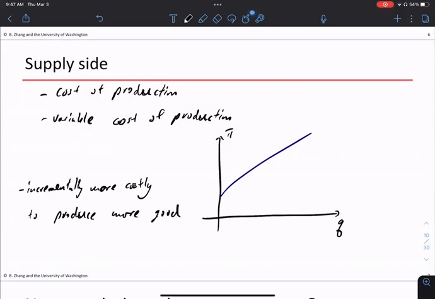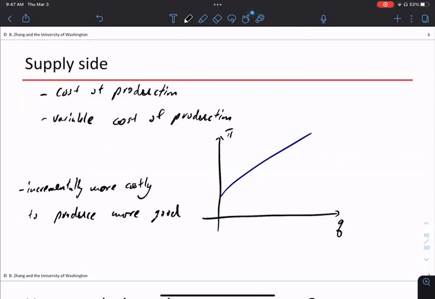Right, to produce the next unit of good. So as you try to produce more and more, it becomes more and more costly. This is certainly true for things like a conventional generator. Because the more power you want to squeeze out of a conventional generator, you have to shove in more fuel. You have to get more fuel into the generator. You have to run the generator harder. So this is called the cost of supply side.